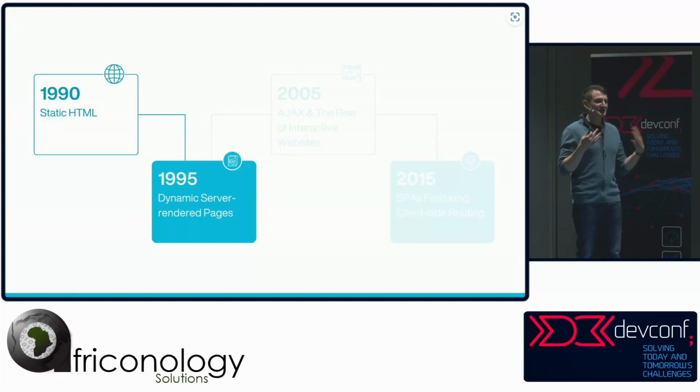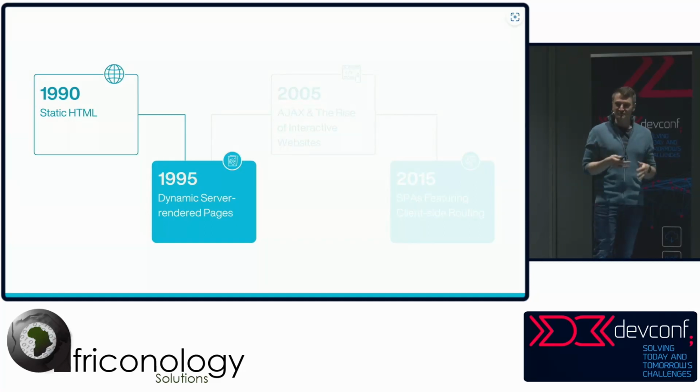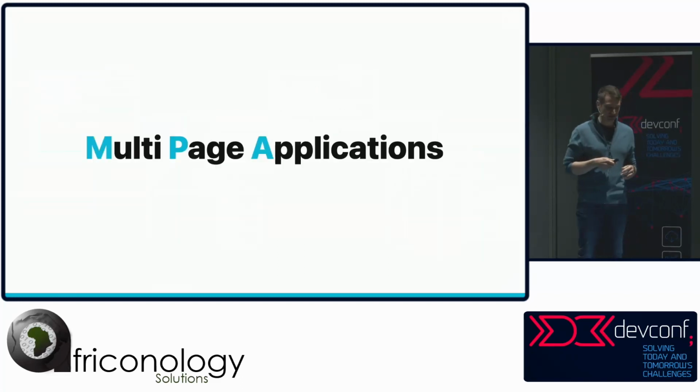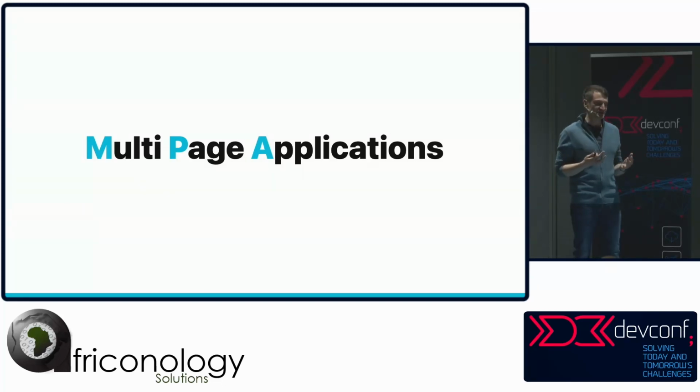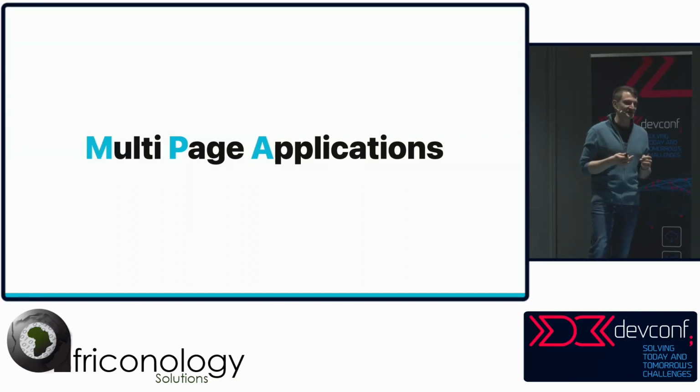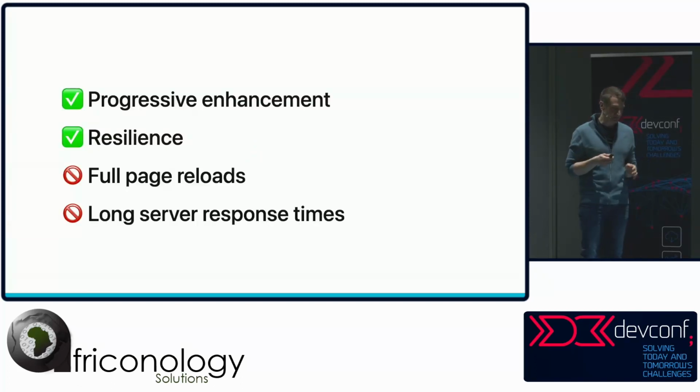We had web applications that ran their logic purely on the server side, and the server spat out some HTML and sent it to the client. This is what we today call multi-page applications. At that time, they were simply web applications or websites, but today we tend to refer to them as multi-page applications, as opposed to single-page applications.